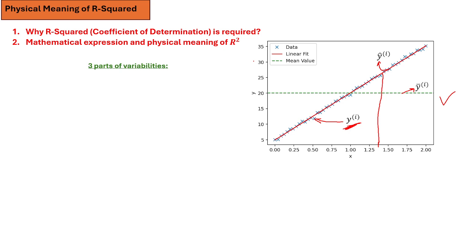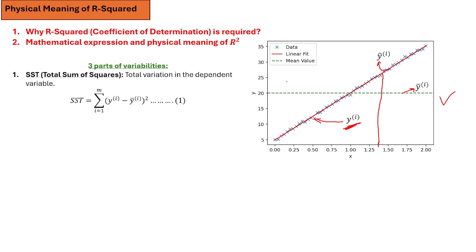We need to know that in this whole problem, we have three kinds of variabilities. The first variability is called the SST, or total sum of squares, which is nothing but the total variation of these actual data points.